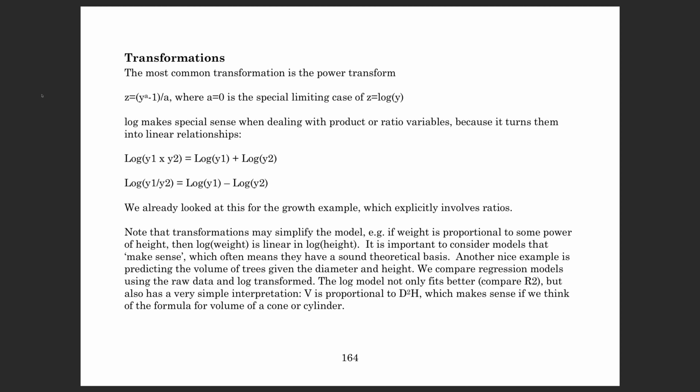So a equals 1 just means no transformation at all. A equals 2 is a quadratic transformation. A equals a half is a square root. A equals a third is a cube root. A is 0, as I said, is log. So this gives me a number of different possible transformations all within this same set.